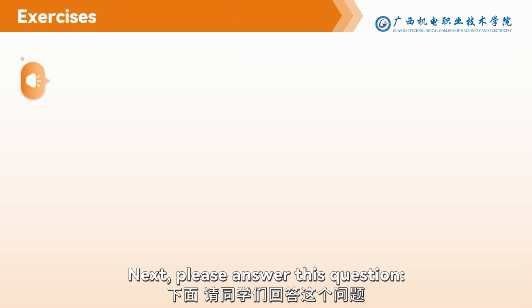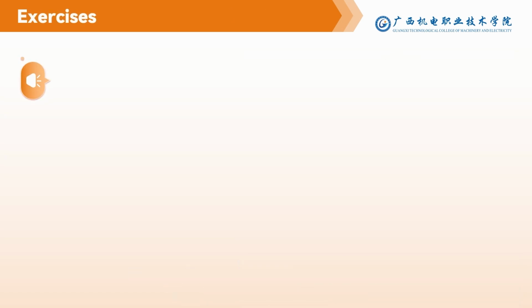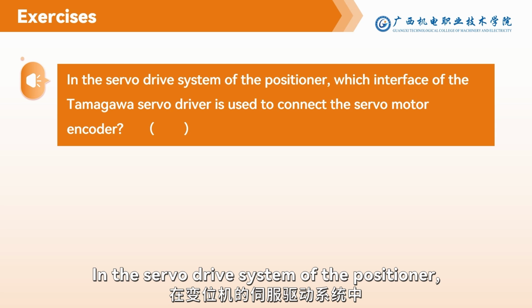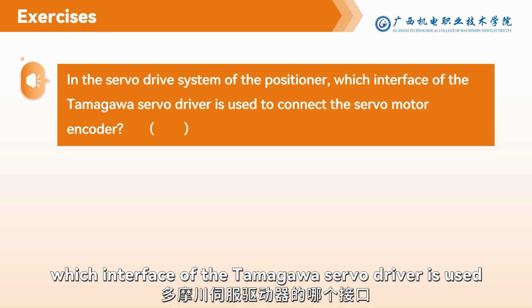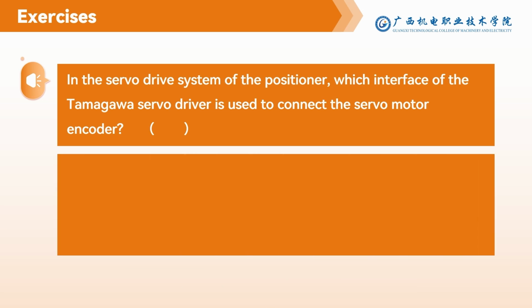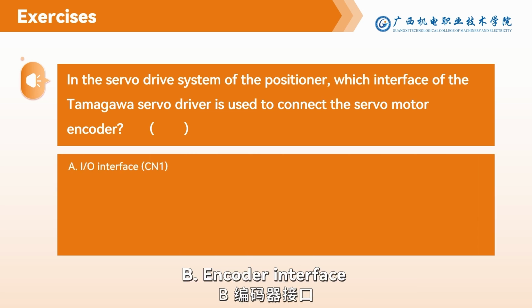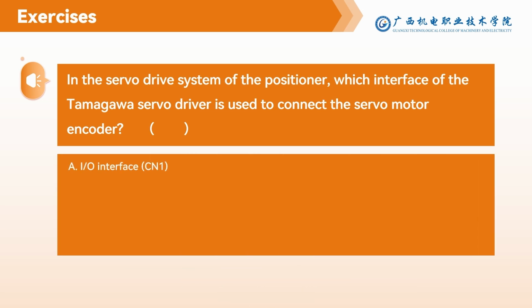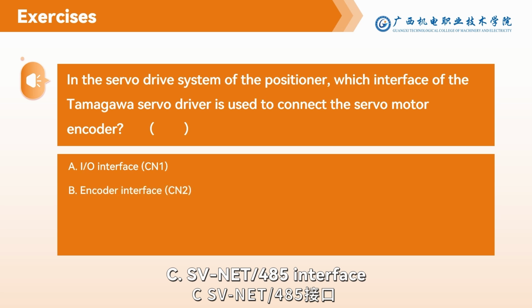Next, please answer this question. In the servo drive system of the positioner, which interface of the Tamagawa servo driver is used to connect to the servo motor encoder? A. I/O interface. B. Encoder interface. C. SV-NET 485 interface.